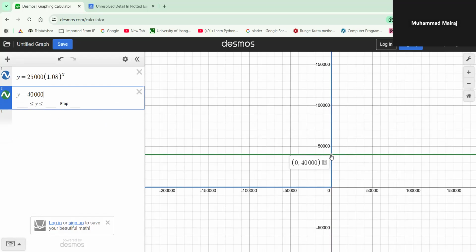Okay, if we click over here, then you can see that x is equal to 6.10703. So for x equal to 6.10703, y is equal to 40,000. So what does this mean? That approximately after 6.1 years, the population will be 40,000, as you can see from here.